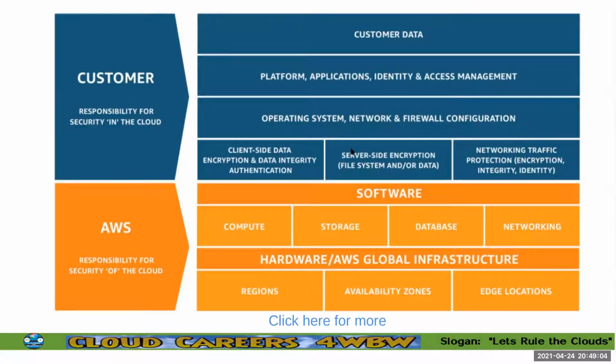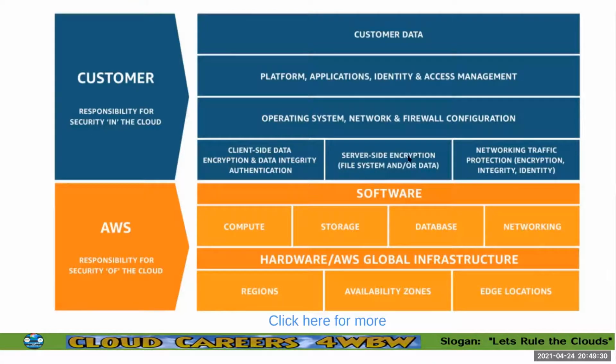I would say if people can capture this graph in their minds, they will do lots of good, because we have seen questions asking which one is the responsibility of AWS and which one is the responsibility of the customer. If you have a good understanding of this diagram, you're quite on the good side.